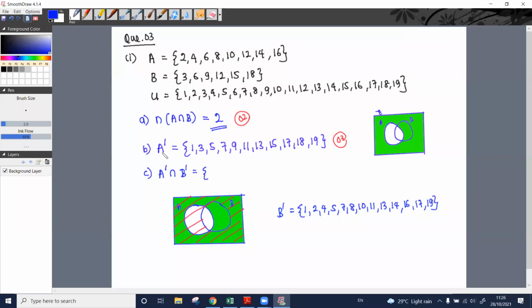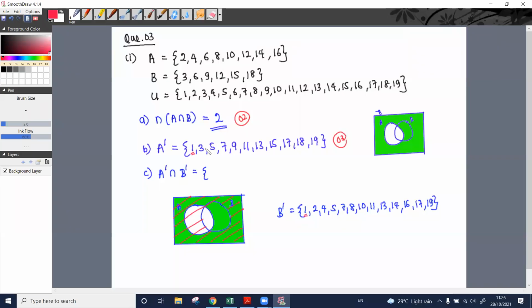Now we have the set of A dash and also the set of B dash. Intersection means the elements common to both of these two. What are the elements common to both these sets, A dash and B dash? See here, 1 is common.